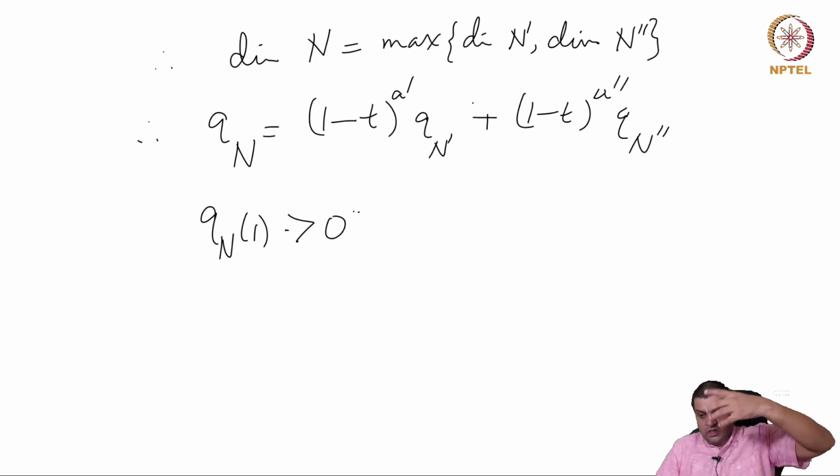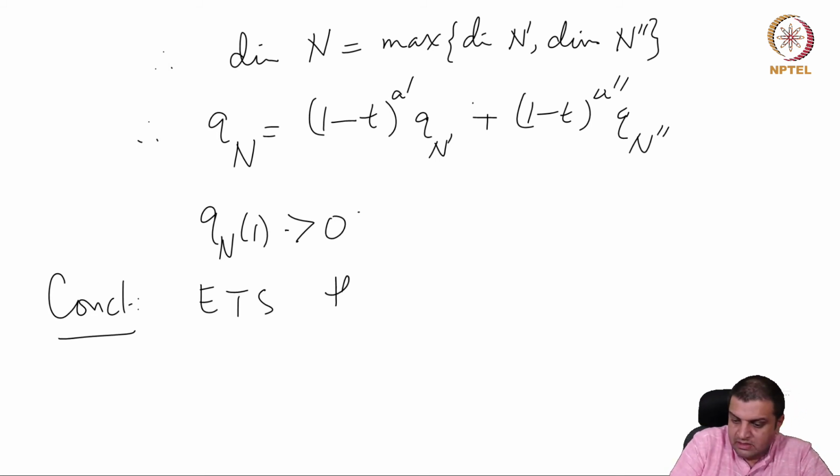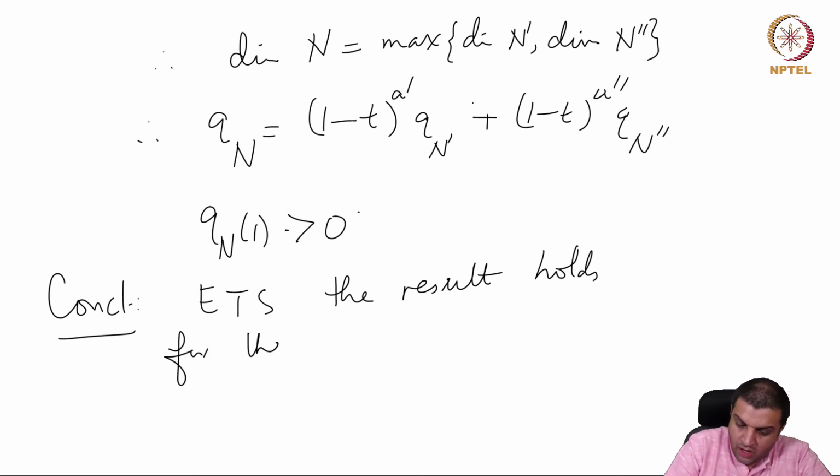So it's enough to prove the theorem for the outer two of a short exact sequence. So the conclusion is that it's enough to show that the result holds for the outer two modules.